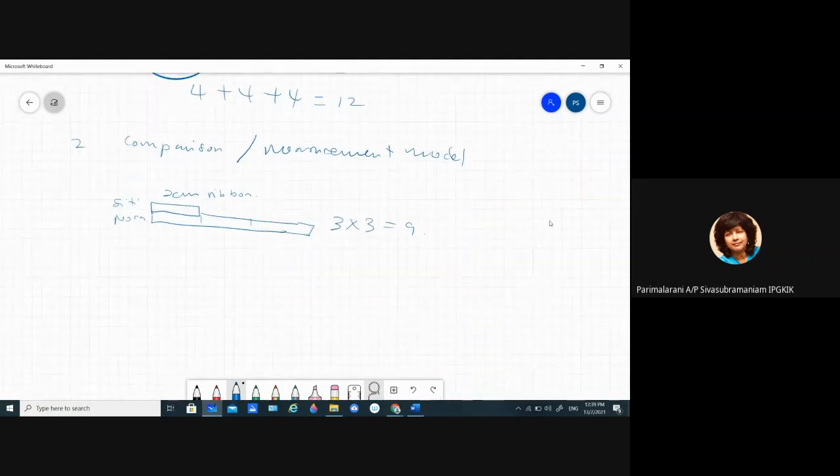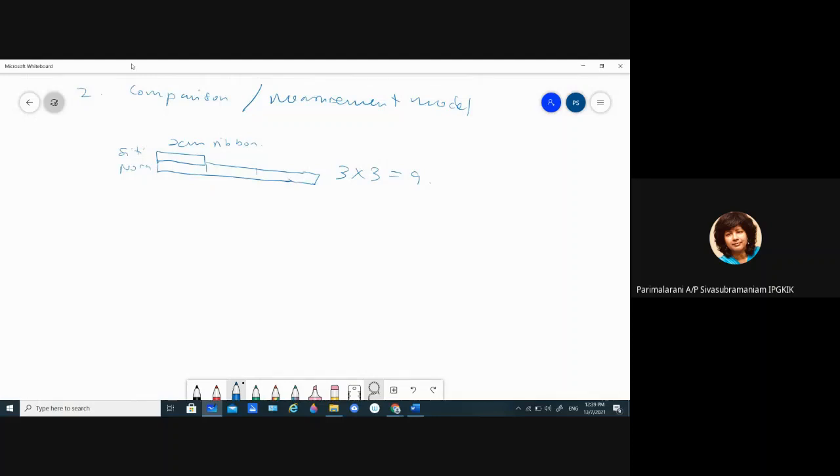And then the third model is the array model. This is a very important array or area model. Array is turus in Malay. Array means row and column. When you say 3 times 4, it means 3 rows and 4 columns.